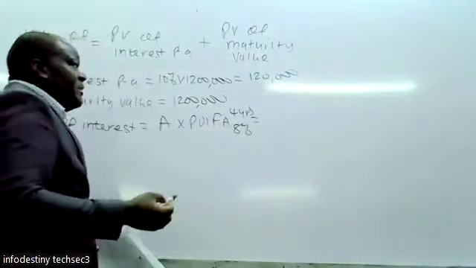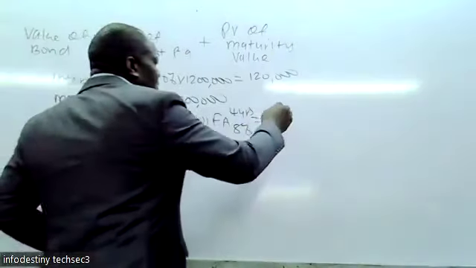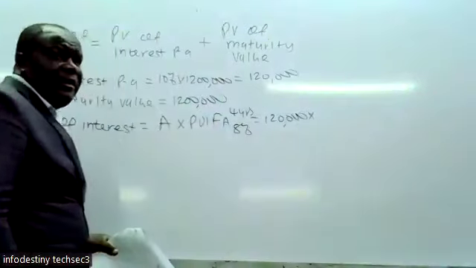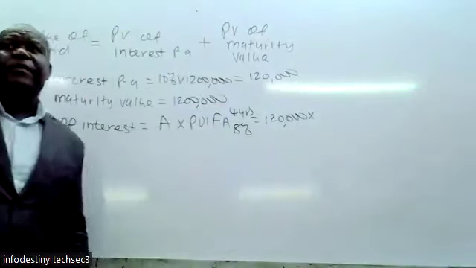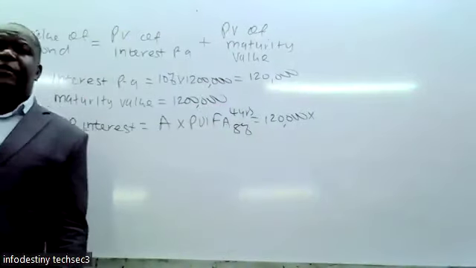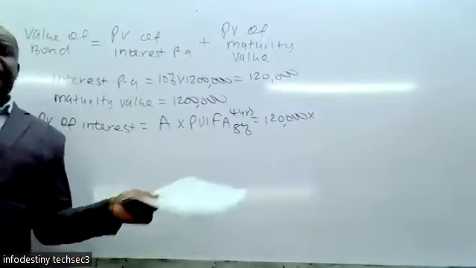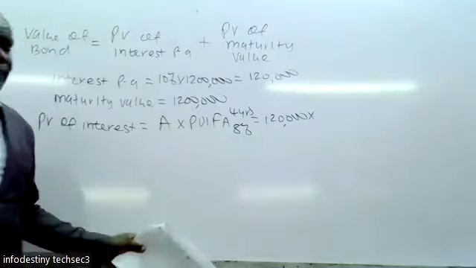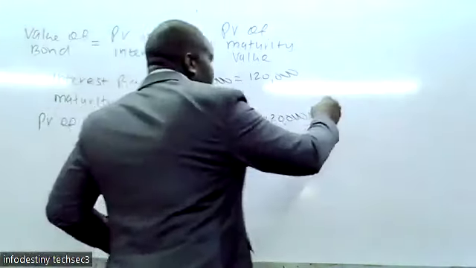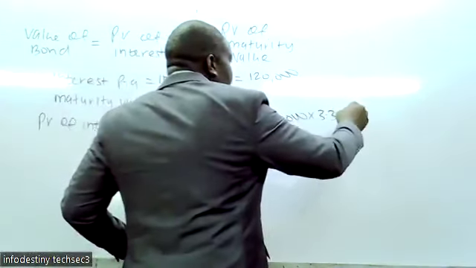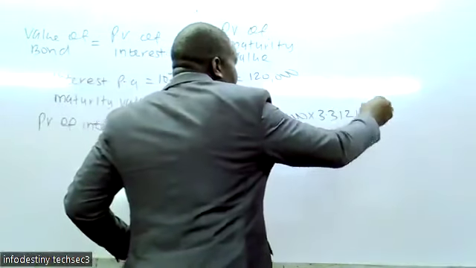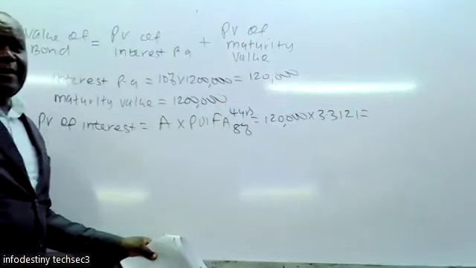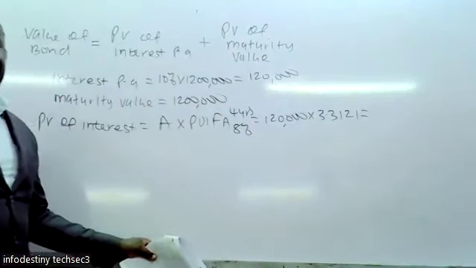So annuity is the interest per annum, which is 120,000. You confirm in the annuity table what is 8% for 4 years. It is 3.312. Others, have you seen it?